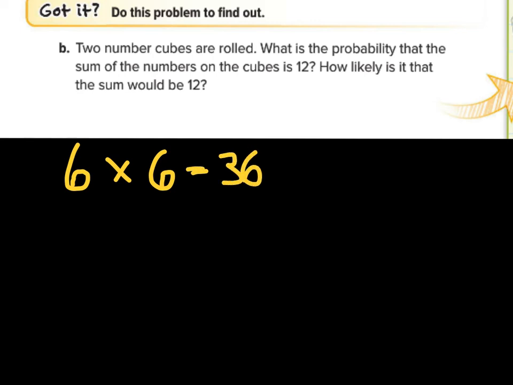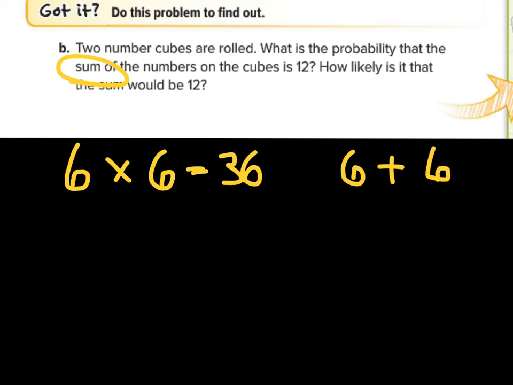But the question is asking the sum. What is the probability that the sum of the numbers on the cubes is 12? So we have to start thinking about all the numbers that can make up 12. There is only 1, because 6 is the highest number. So we have to have a 6 in one cube and a 6 in the other cube, correct?